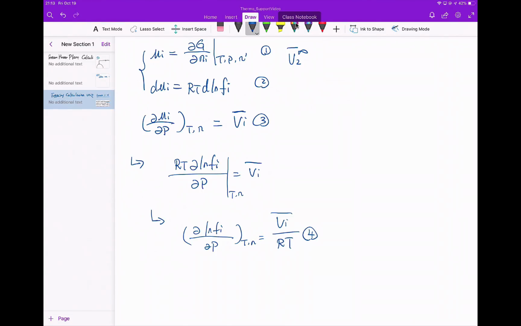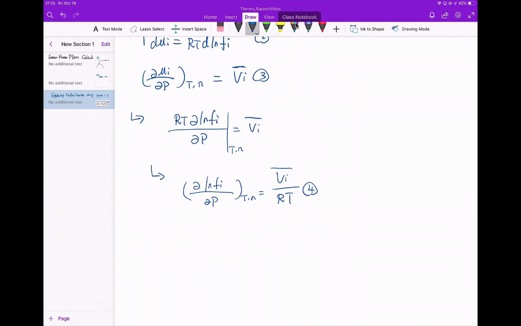This is equation 4. So I feel like we have to use this partial molar volume, but it's not quite clear.